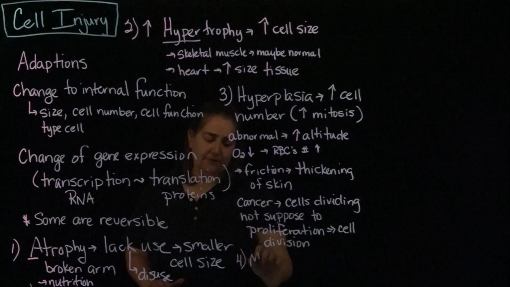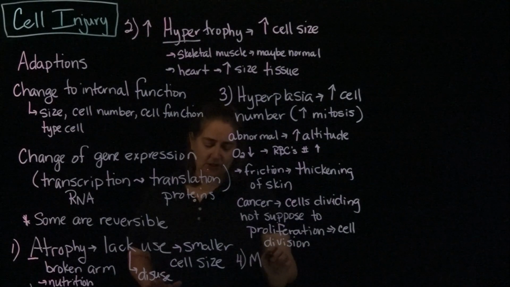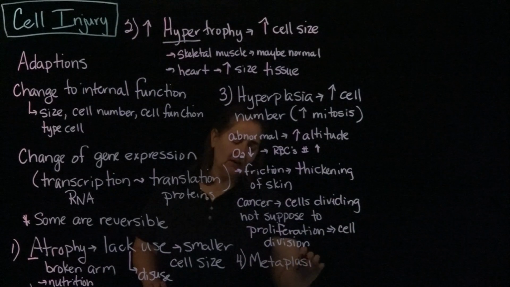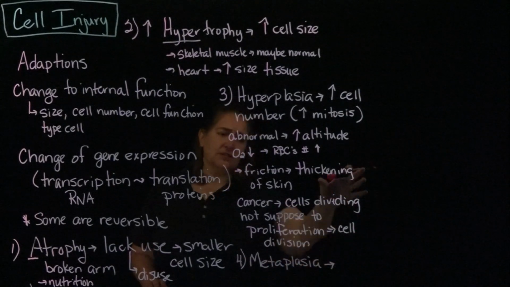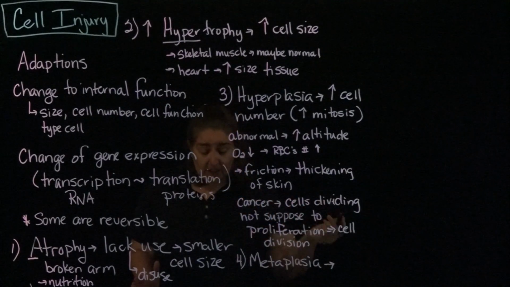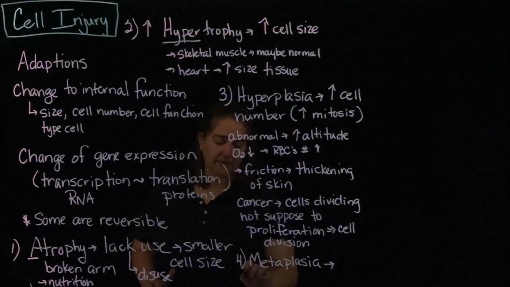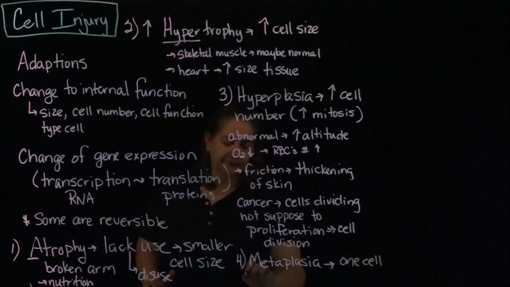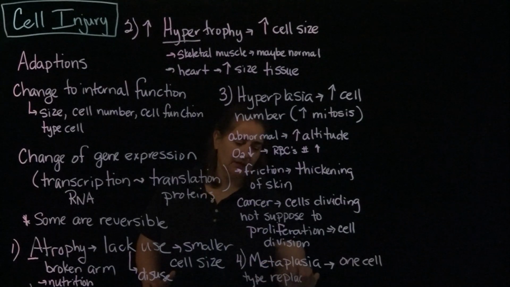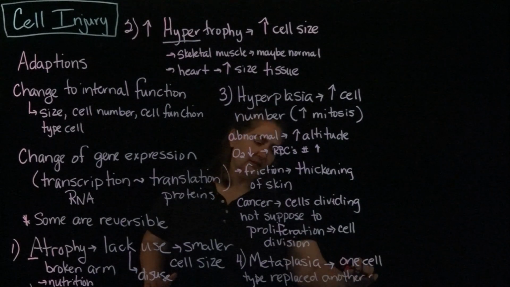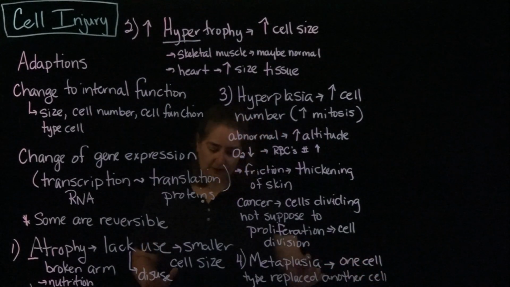Another type of change in cell you can have is metaplasia. Also tends to be associated with cancers, although it doesn't have to be exclusive, all right? With this one, you get one cell type that's replaced by a different cell type, okay?